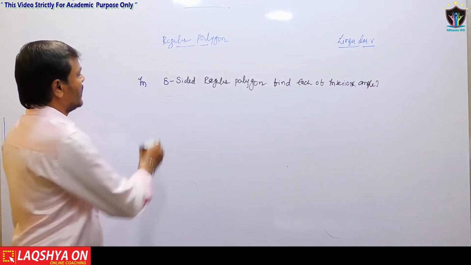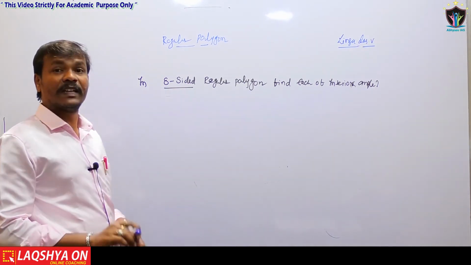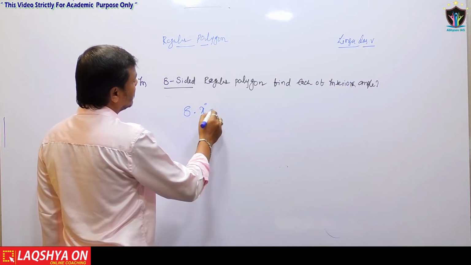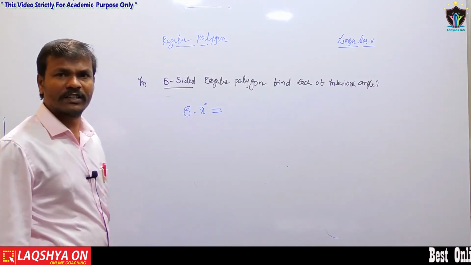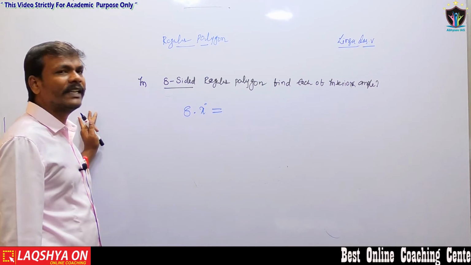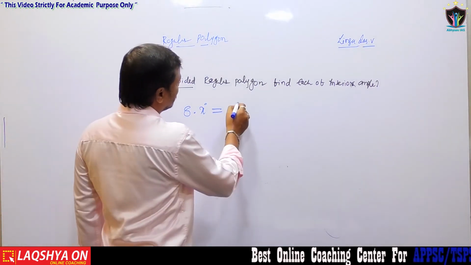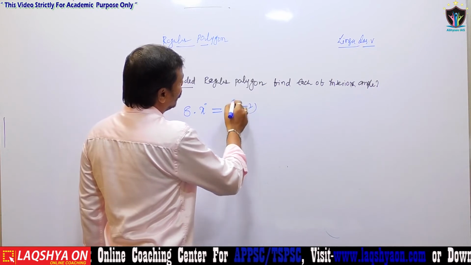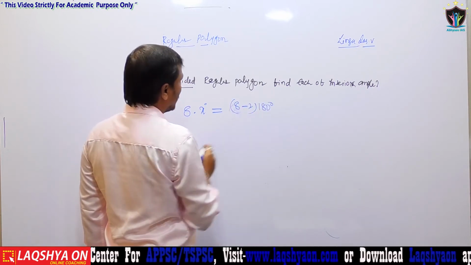Okay. In an 8-sided polygon, there are 8 vertices. In 8 vertices, there are 8 angles of x degrees each. The sum of the interior angles is 8x. The sum of the interior angles is 8 minus 2 into 180.